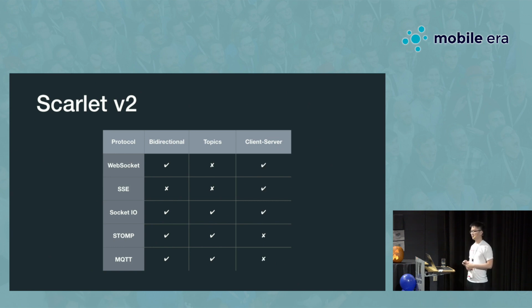Finally, Stomp and MQTT clients do not talk to the server directly. They talk to message brokers, which then forward the messages to the server. As you can see, we actually rewrote half of Scarlet to be able to support all these protocols.